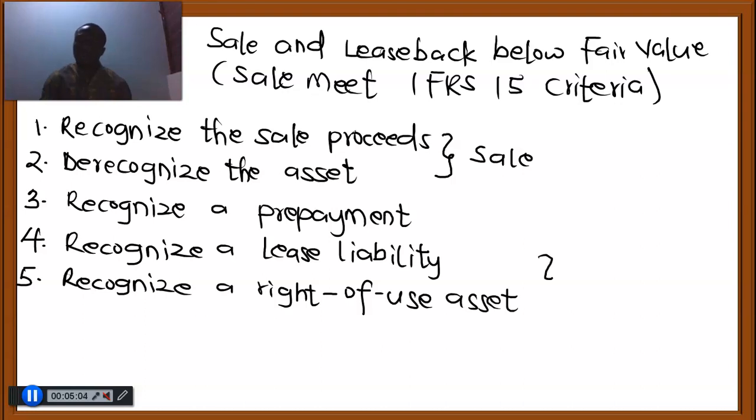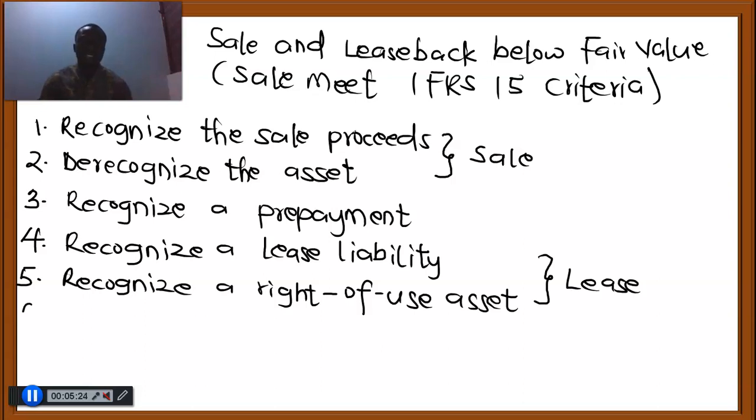This part pertains to the lease, because City Limited is selling it and then leasing it back, and under IFRS 16 Leases, at the commencement date of the lease, the lessee should recognize a lease liability and a right of use asset.